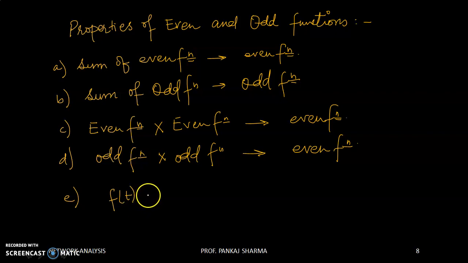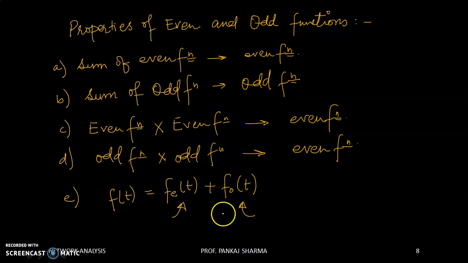So f(t) can be written as partly even function plus partly odd function, that is, the summation of even and odd functions. This is the even portion of f(t) and this is the odd portion of f(t).